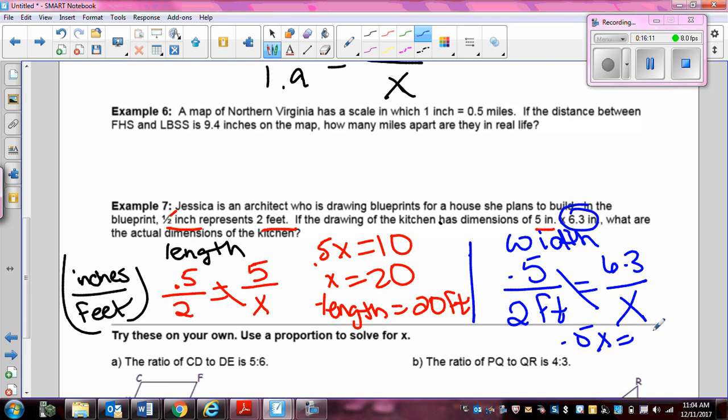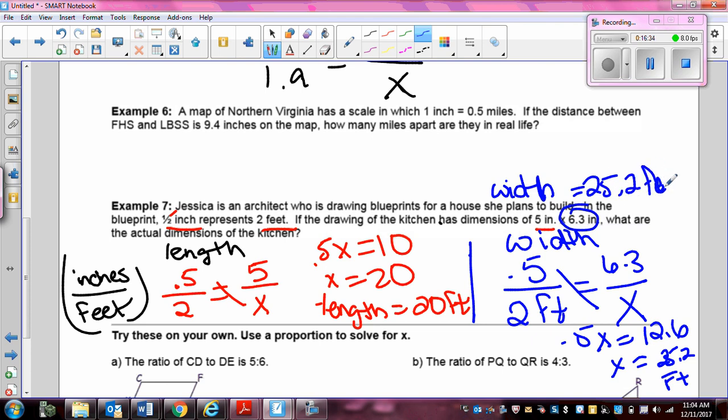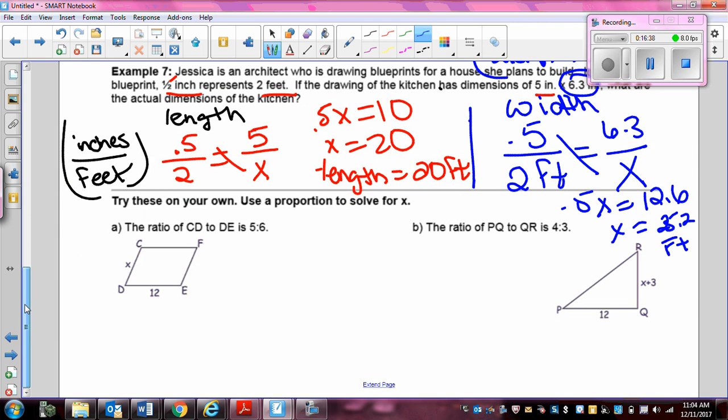I think it's 12.6. I don't know. Plug in your calculators for me. Divided by 0.5, x will equal 25.2-ish feet. So I'm going to write that down up here. The width is equal to 25.2 feet. And make sure you guys keep the units with it. Feet. Very important. Okay?